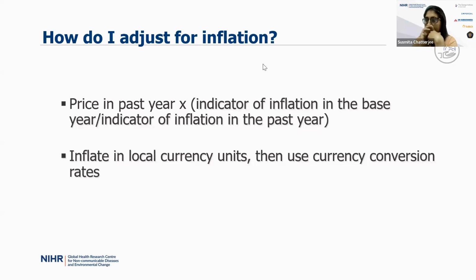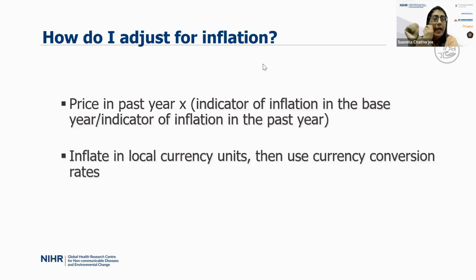Now, one point I want to mention: suppose you get the inflation data in your local currency. Try to first convert it into local currency in the current year and then convert it into a foreign currency or USD or whatever currency you want.